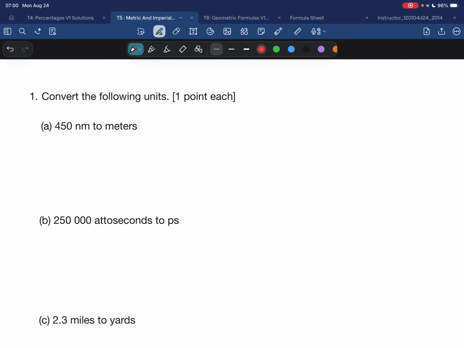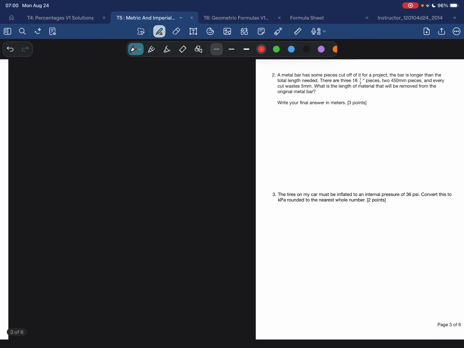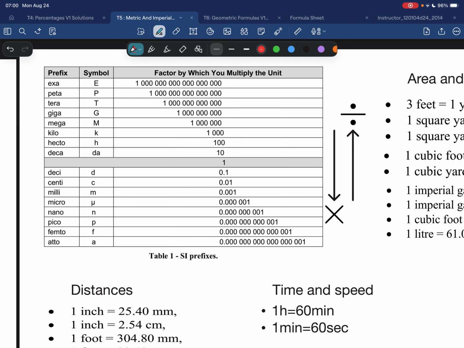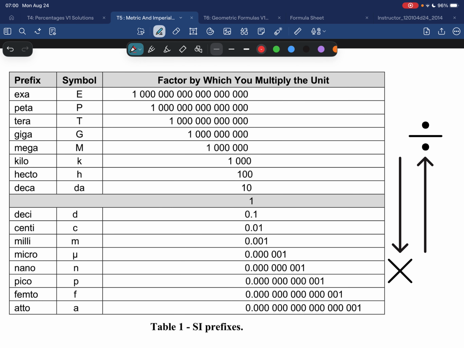So jumping to our formula sheet here, we can always use our table. We are going from nano to meters here. Meters is the base unit, that's the gray bar. Going from here, I see that I have a 1, and my decimal would be right after the 1 here.